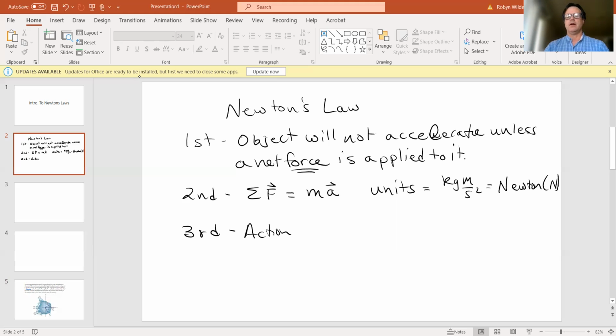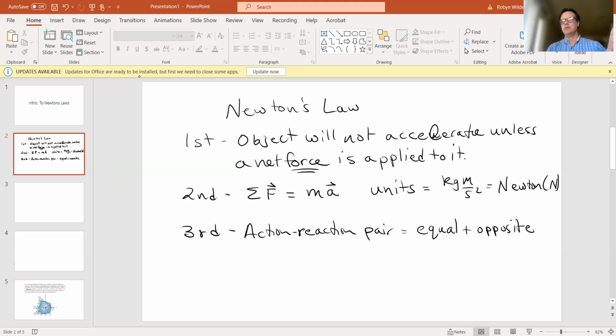And these again are equal and opposite to one another. They are equal and opposite, but they never get added together, right? Because they act on different objects, right?